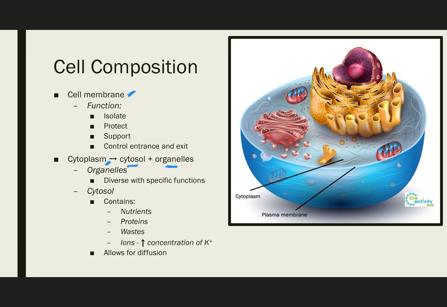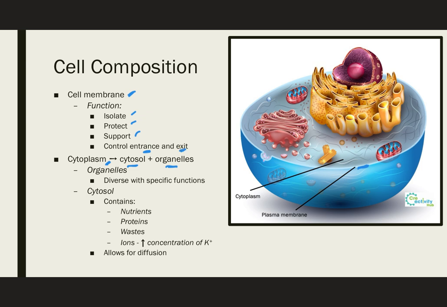The plasma membrane is made up of a lipid bilayer, which we will cover in more detail in the next learning outcome. But just to cover a little bit of the function of the plasma membrane, it will isolate, protect, support, and control what goes in and out of the cell.